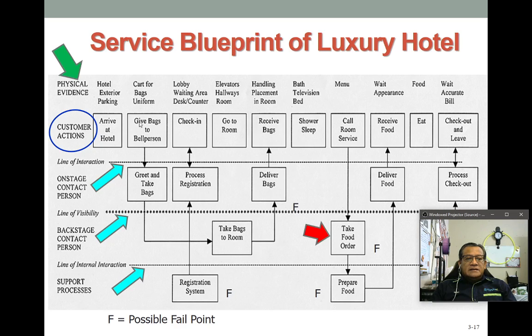Okay, so in between the line of interaction between customer action and on-stage contact person, you can see that the luggage has been given to the bag handler, and normally the contact person will greet and take the bags. Okay, subsequently during check-in, your registration process will take place by taking your details, for example your identity card or passport, and also your means of payment like credit card or debit card and so on.